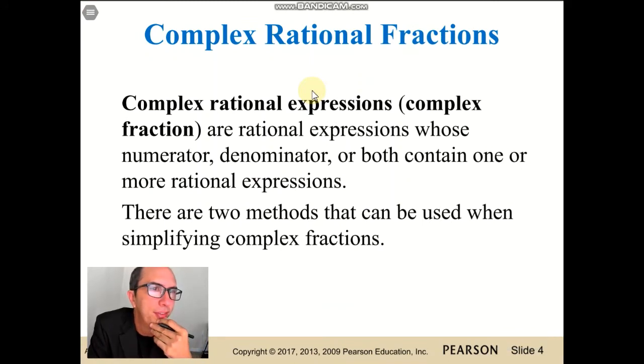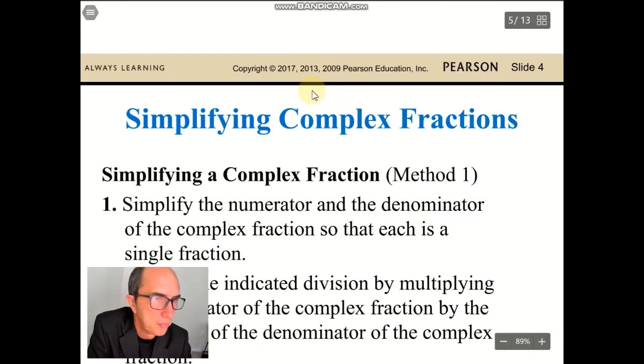A few definitions here. Complex rational expressions are rational expressions whose numerator, denominator, or both contain one or more rational expressions. There are two methods that can be used when simplifying these complex fractions.